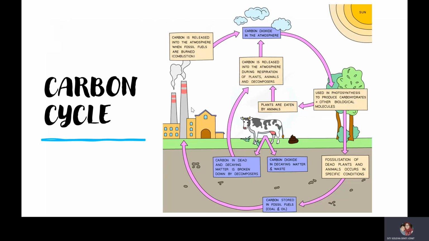Carbon cycle. Okay, this is the cycle. The carbon cycle describes the movement of carbon between the land and atmosphere. In the atmosphere, the source of carbon is carbon dioxide. Carbon as carbonate or organic carbon compound is present in the sea, the air, and the earth.